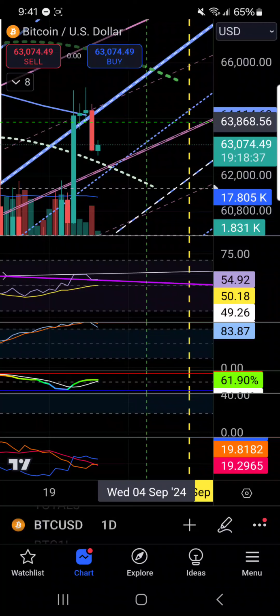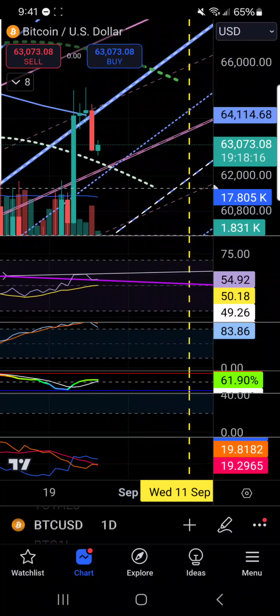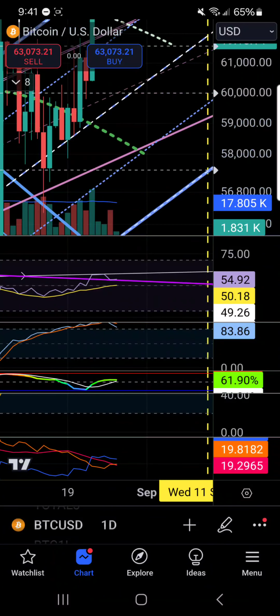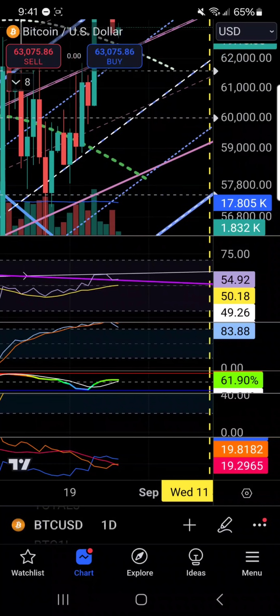Maybe everybody's waiting to see what's going to happen tomorrow with the market, U.S. market open, or during market trading hours. And maybe they're waiting for 61.5. I'm still waiting for even lower, like maybe 56 something. But that's a different story.